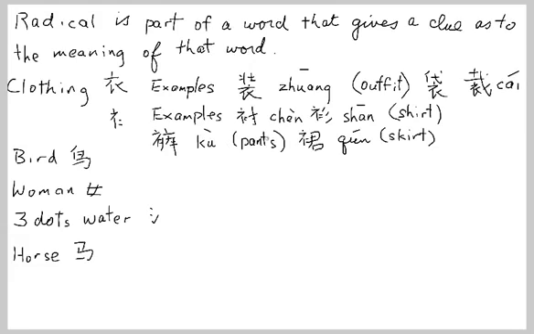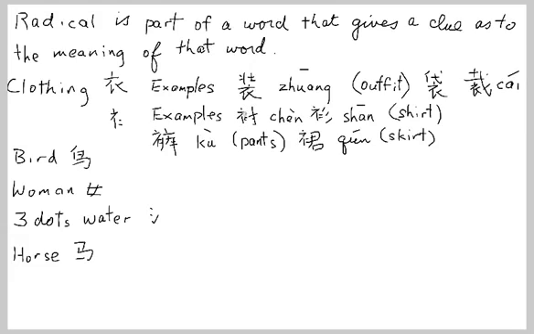Now, in an old Chinese dictionary, when you look for a word such as cheng, first of all you go to the radical chart and see how many strokes there are. Over here it is 5 strokes, and you look up this radical, and then you go to this section.